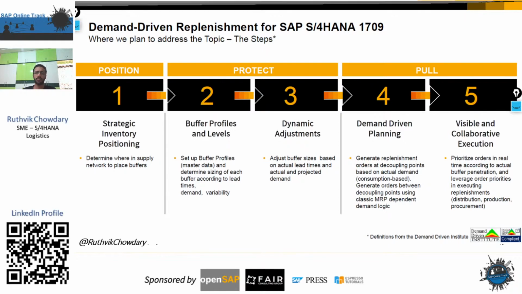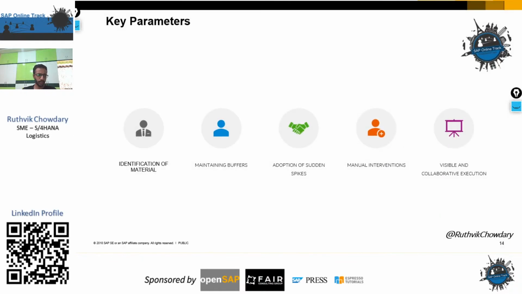Before that, there are some key parameters which need to be considered: identification of material, maintaining the buffer, adoption of sudden spikes, and manual interaction. Why is manual intervention required?